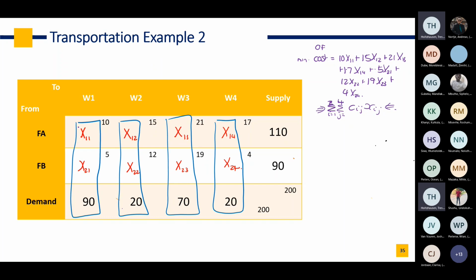It has all the demand constraints like this, and what it's saying is: subject to, x11 plus x21 must be less than or equal to 90. So it has the constraints sitting there.